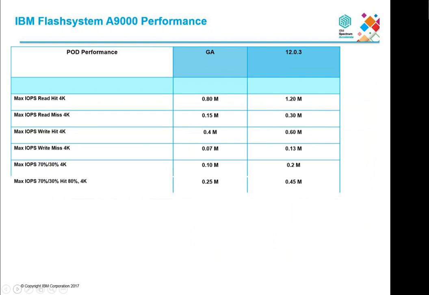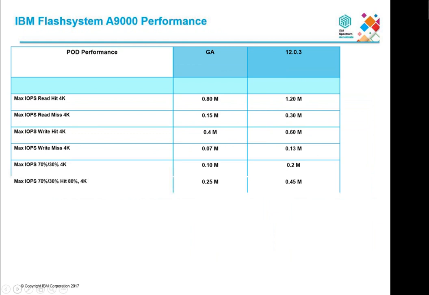And then here are some numbers for the pod or the A9000 as opposed to the A9000R. Again, I've got fewer storage controllers, and less hardware in the grid controller. I've got 16 cores versus 20 cores and 192 gig of memory versus 384.